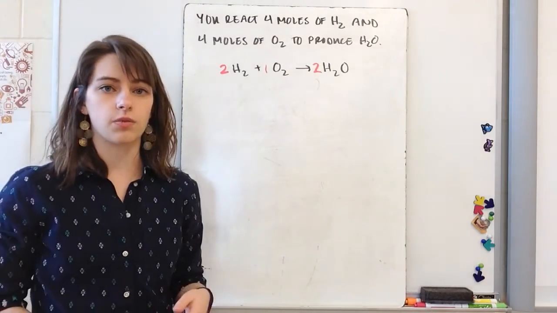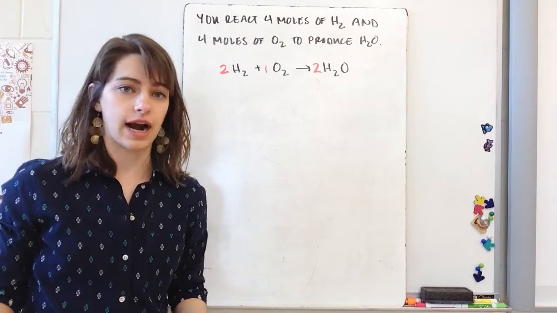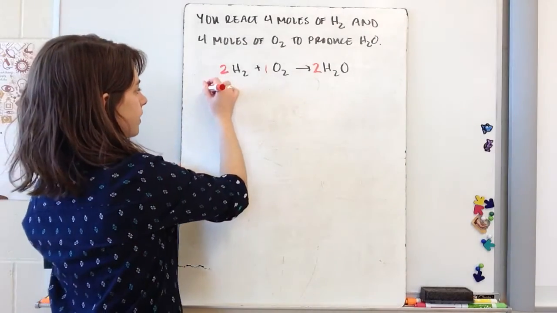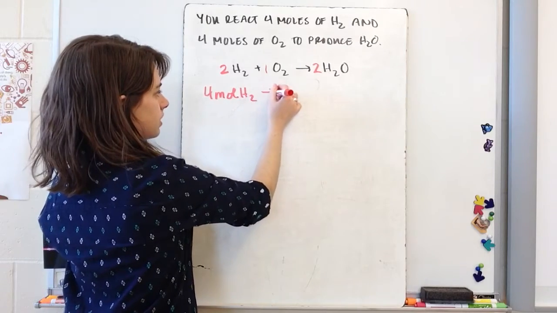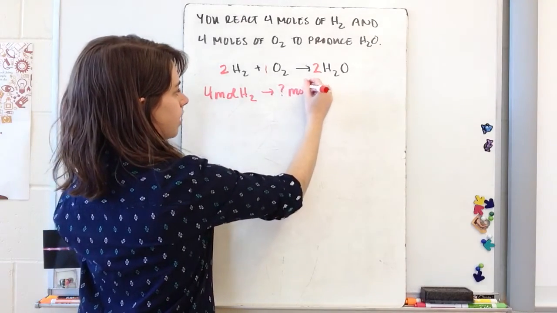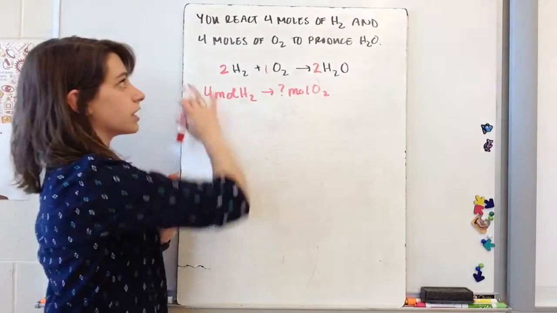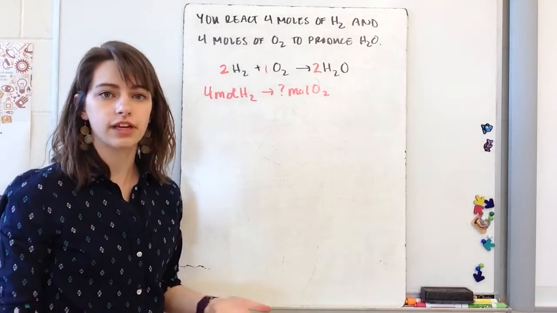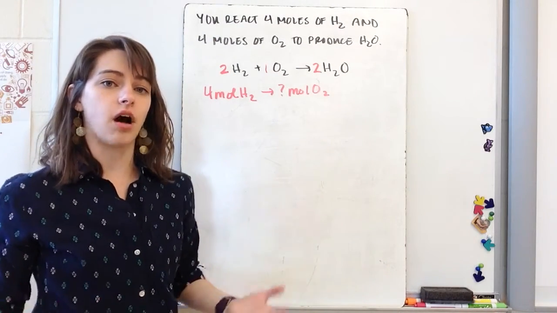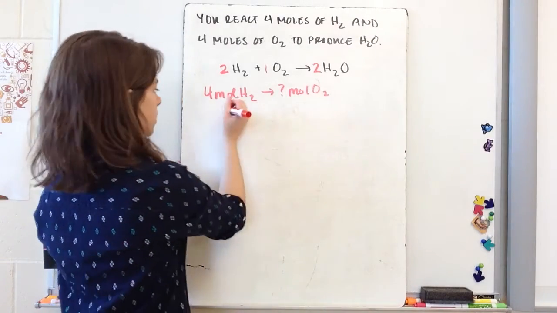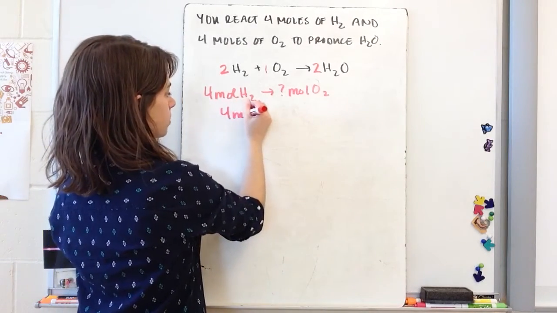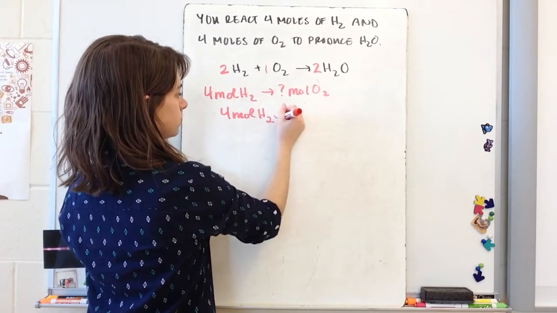So let's just start with H2. Let's start with our hydrogen. So if we have 4 moles of hydrogen, how many moles of oxygen will we need? We're ignoring the fact that we have 4. Let's just figure out how much we need. If we reacted all 4 moles of our hydrogen, how many moles of oxygen would we need? Well, we have 4 moles of H2.